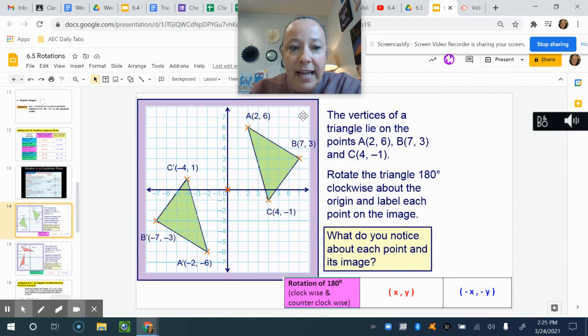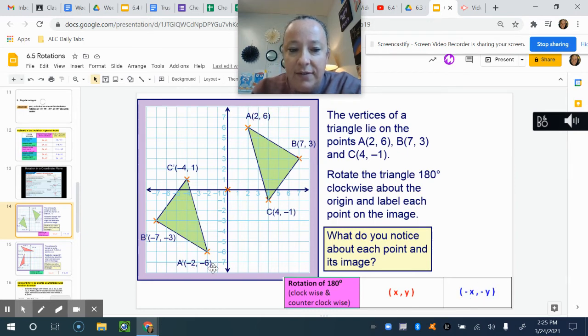Here's a specific example of a triangle that has been rotated 180 degrees clockwise. So A prime, B prime. Y'all were rotating it this way around, okay? The rule is here. I took it from your note card 210. And you've got to really try to understand, okay, if A is (2, 6), this rule says you keep them in the same spot and you change the sign.